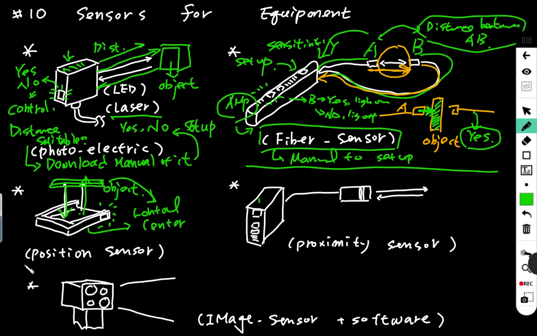This is the position sensor. Usually it is used when we want to detect whether an object is on the sensor or not, so we call it a position sensor.